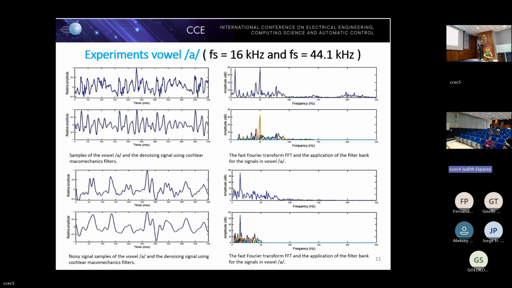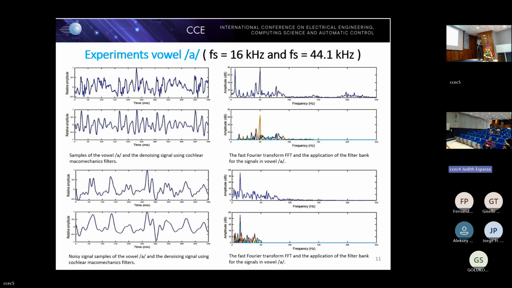It's very interesting that the envelope of the signal is preserved. As you can see, the form of the signal is the same here. But it's very interesting that the high frequency components for the specific noise that is here are not present here.